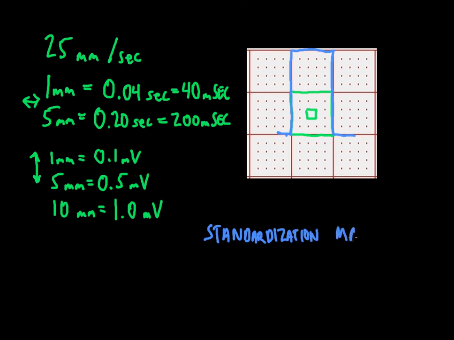the purpose of a standardization mark here is essentially to allow the printing to determine what the paper size is. So it will be 1 millivolt tall and 0.20 seconds wide.